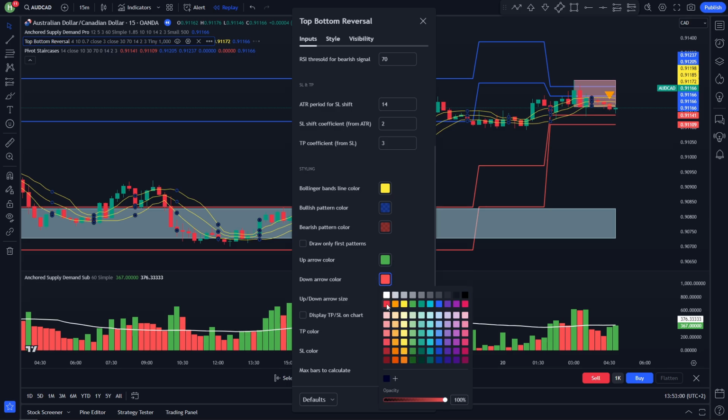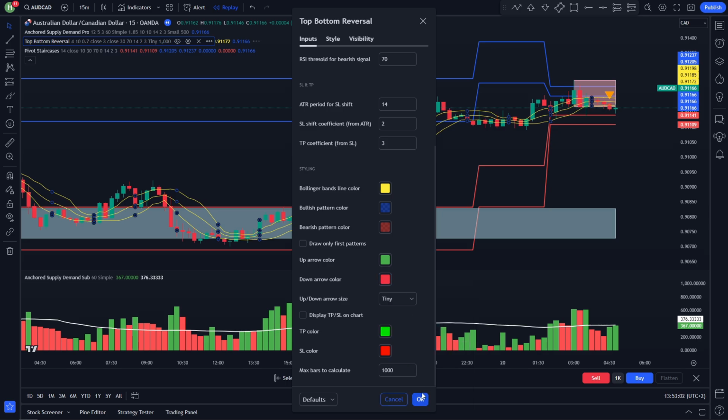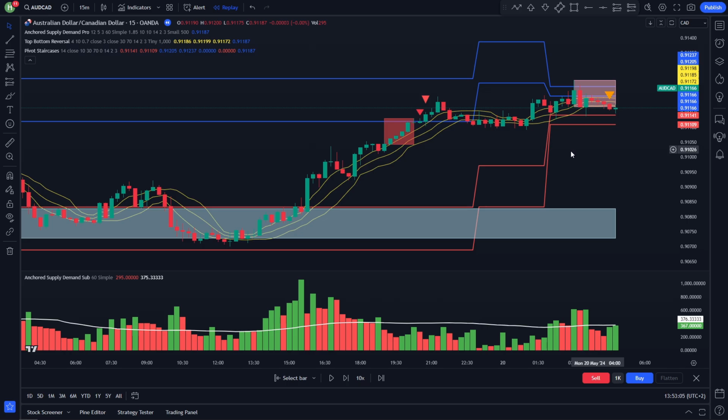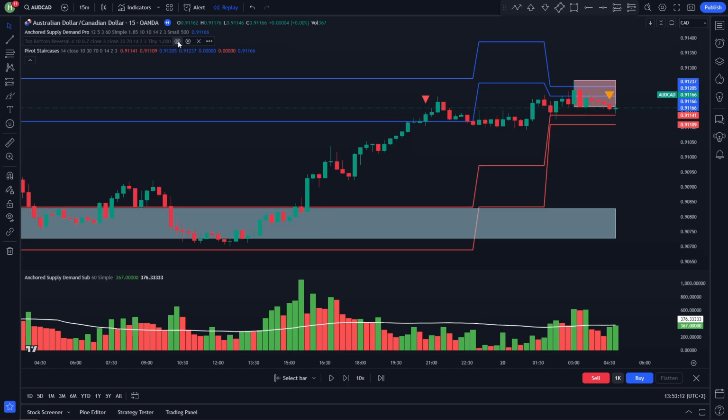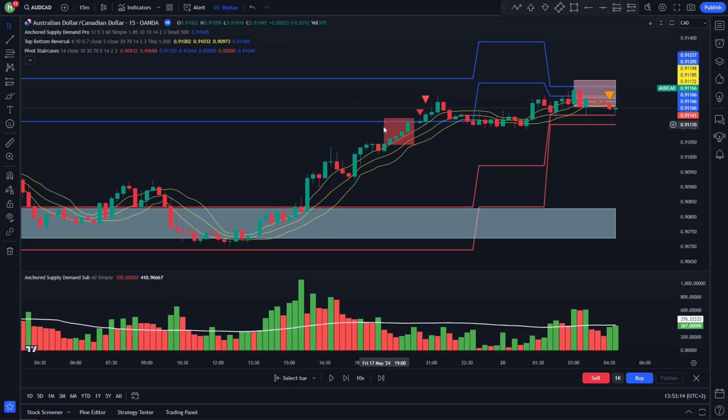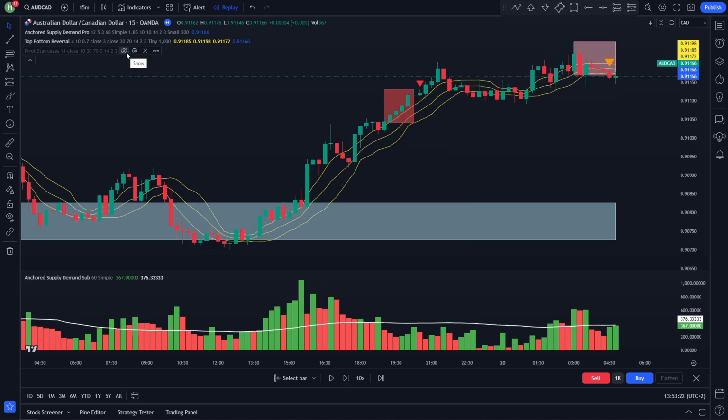Now that we've made all of these changes, we can cover the exact rules for entry and exit. For a valid sell trade, firstly, we are waiting for the top-bottom reversal indicator to identify the potential end of the current trend and a reversal in price. On top of this, we need the pivot staircases to also show a reversal alert.